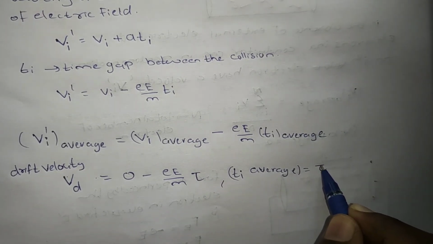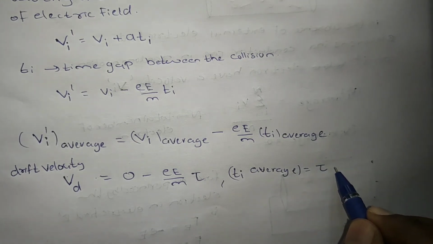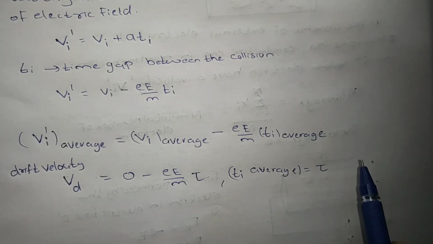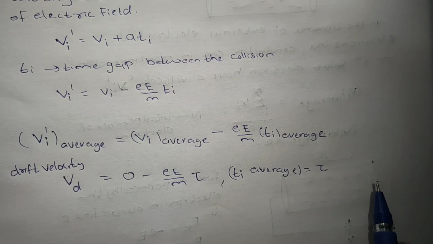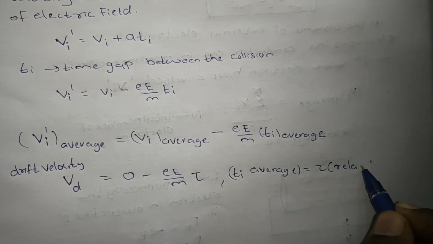What is tau? Tau is the average value of the time gap between collisions of all the electrons. We call it the relaxation time.